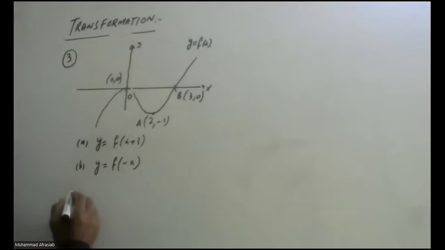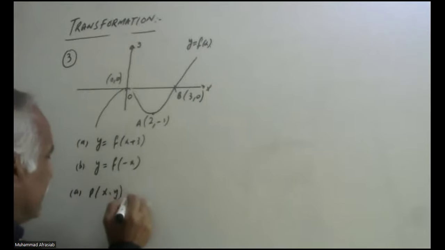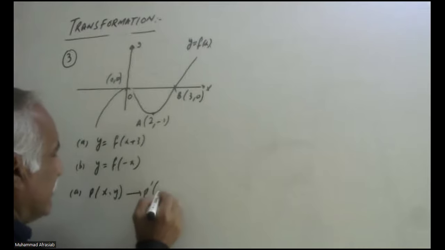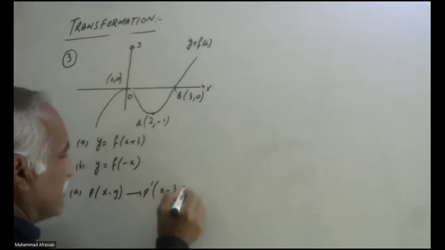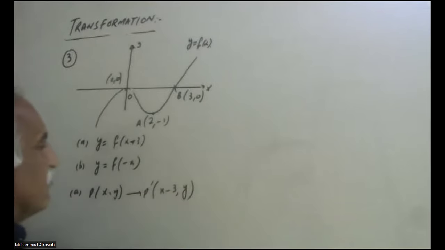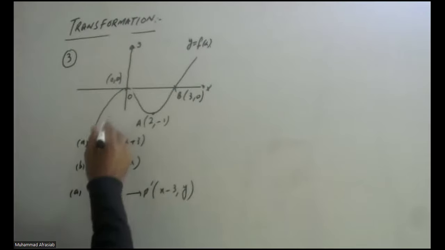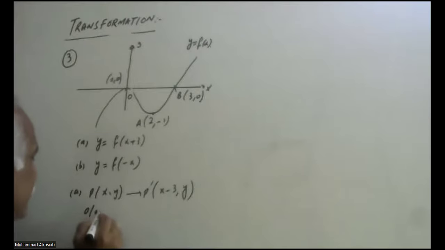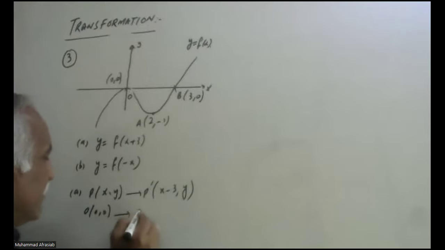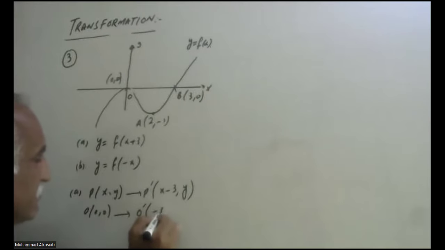And according to this, if point P is (x, y), then the image of that point will be P dash, equal to (x minus 3, y). So the whole graph is going to be shifted towards the left of the origin. Now the point O, which is (0, 0), will have the image (0 minus 3, 0).